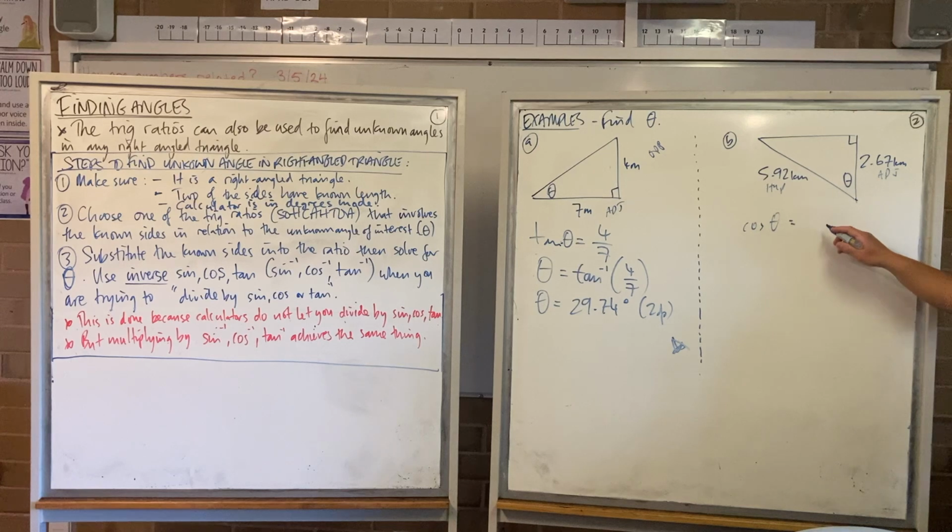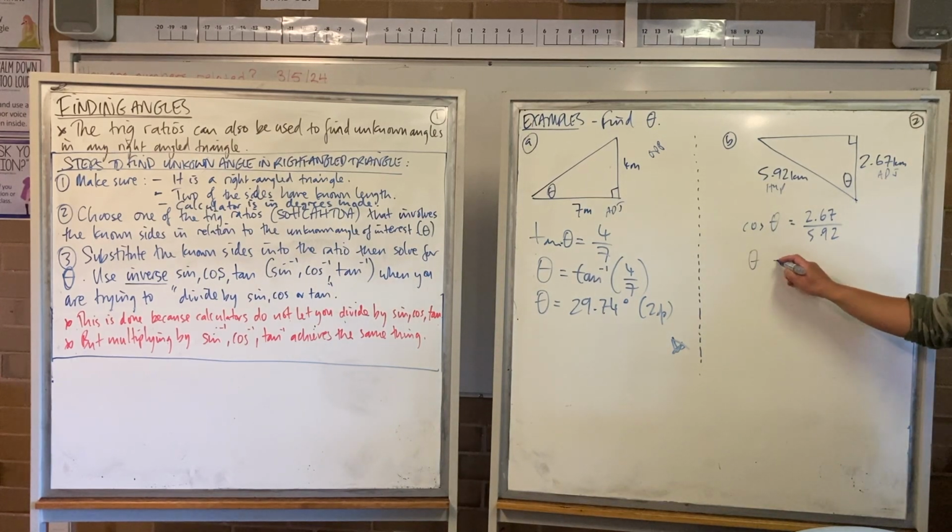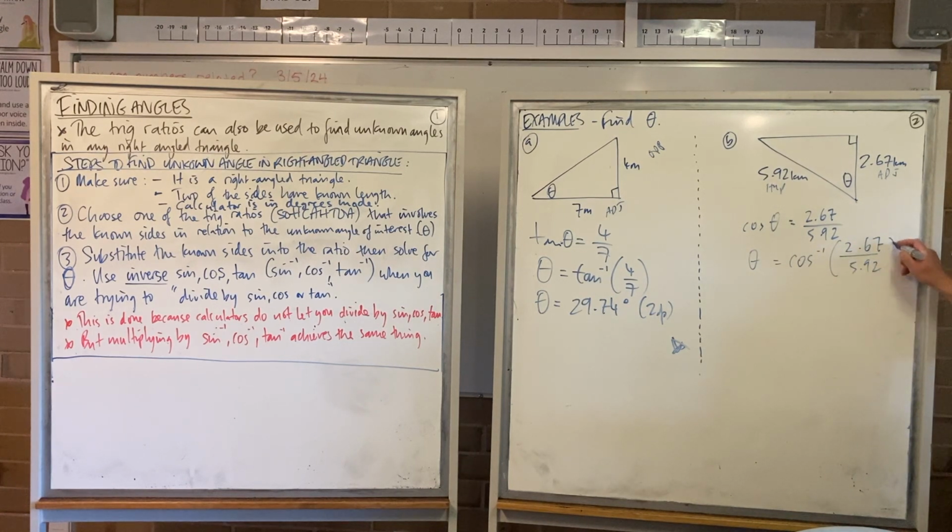Cos theta is equal to adjacent over hypotenuse, so 2.67 over 5.92. I want to get rid of this cos. Can I divide by cos with my calculator? No. So what do I do instead? Power of negative 1. Yes, so theta is equal to cos to the negative 1 of 2.67 over 5.92.